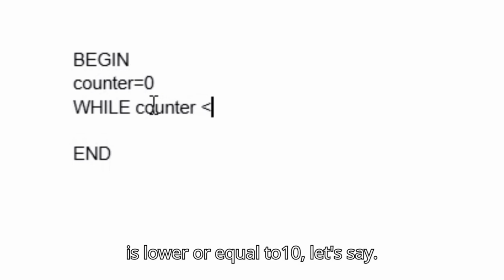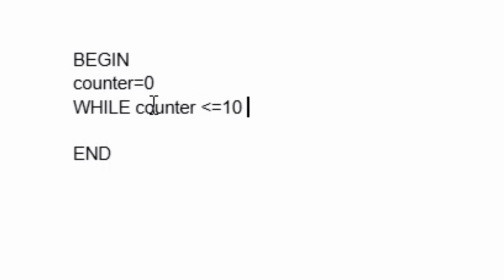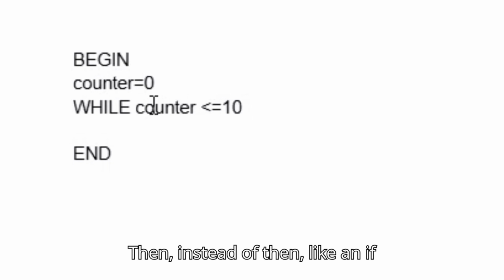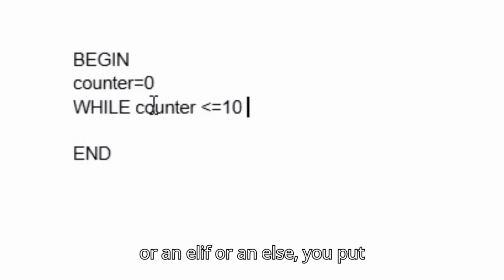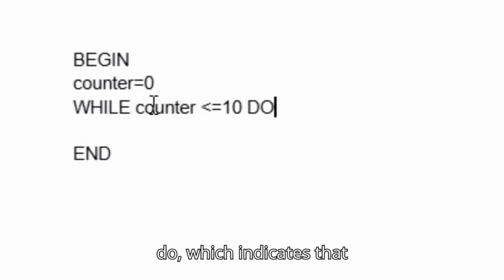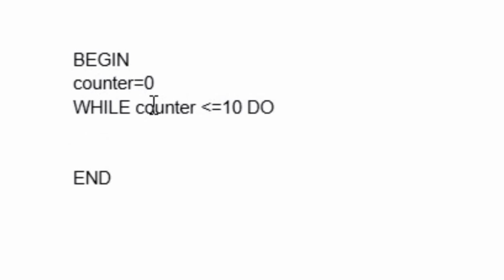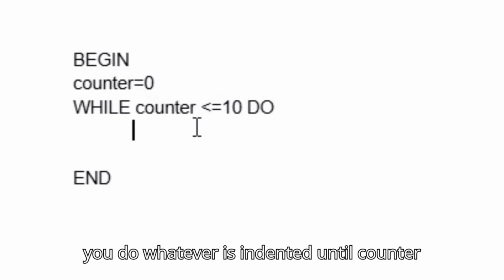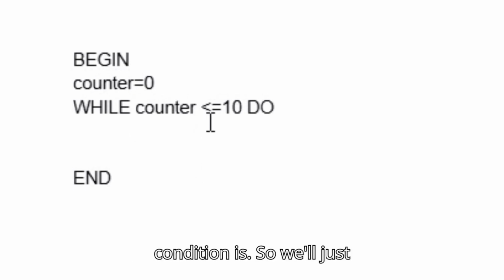Now, it usually has to be caps locked, not always, sometimes not. Just define a variable for the sake of the condition. So while counter is lower or equal to 10, let's say, then instead of then, like an if or an elif or an else, you put do, which indicates that you do whatever is indented until counter is equal to 10, or whatever your condition is.